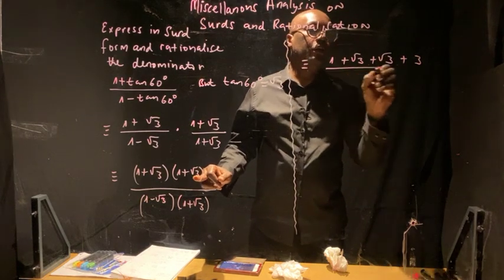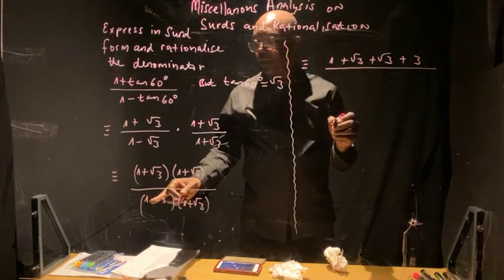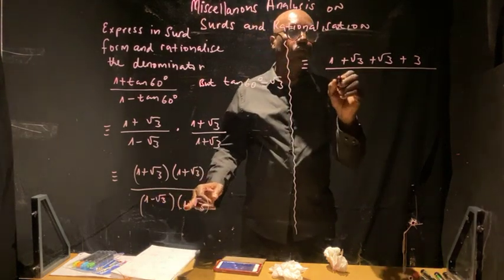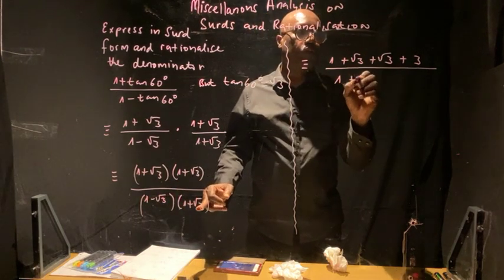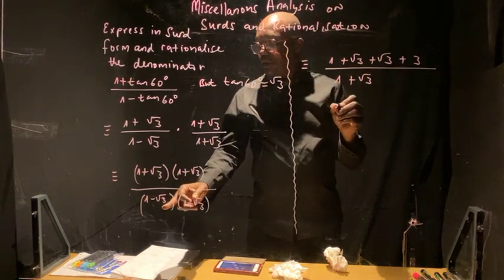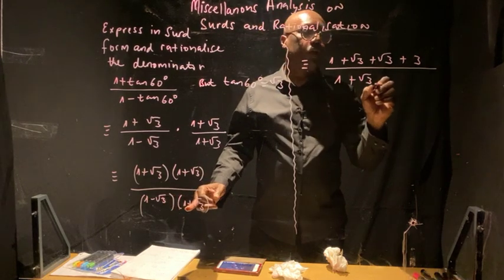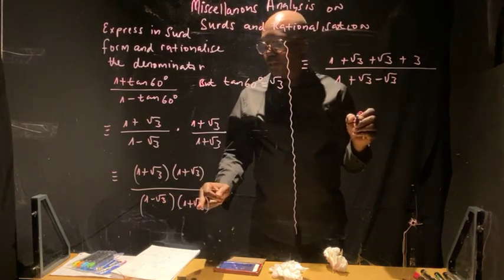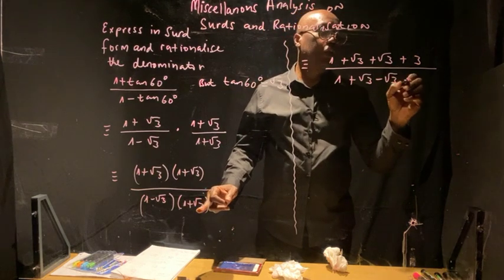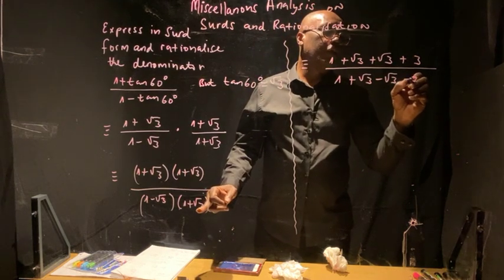And the denominator becomes 1 multiplied by 1, we have 1. 1 multiplied by root 3, plus root 3. Minus root 3 multiplied by 1, minus root 3. Then minus root 3 multiplied by root 3, we have minus 3.